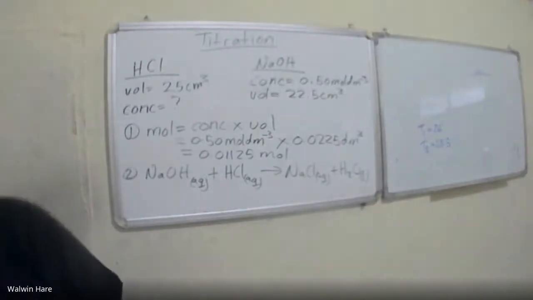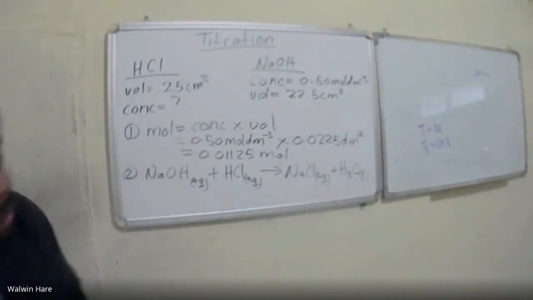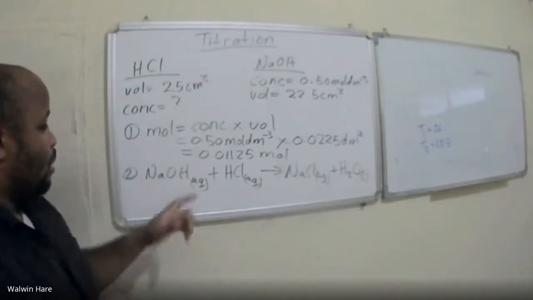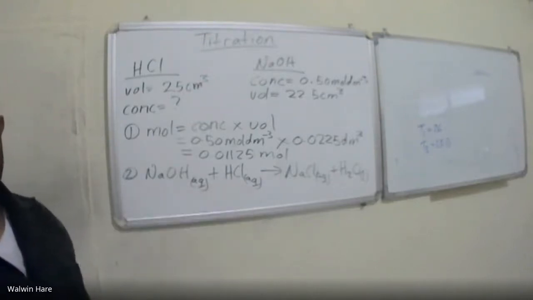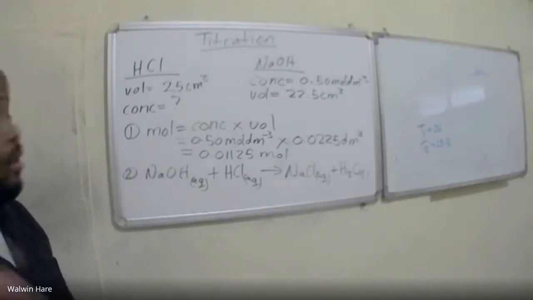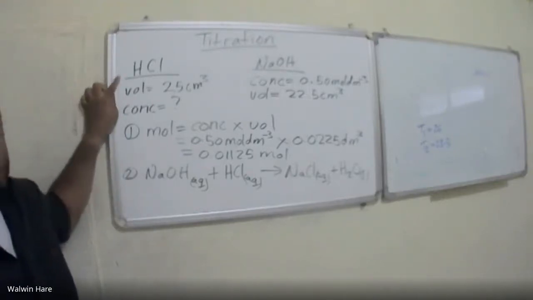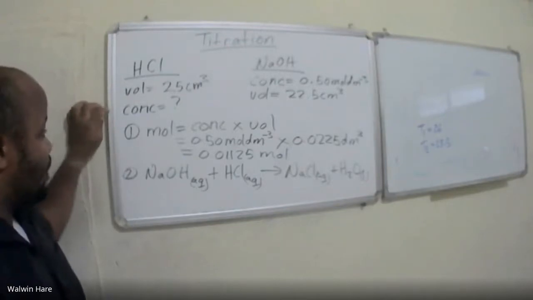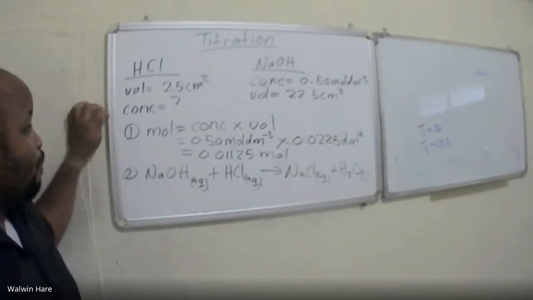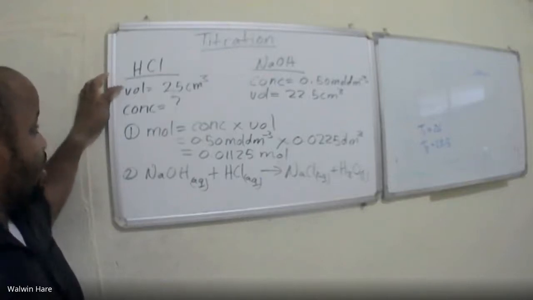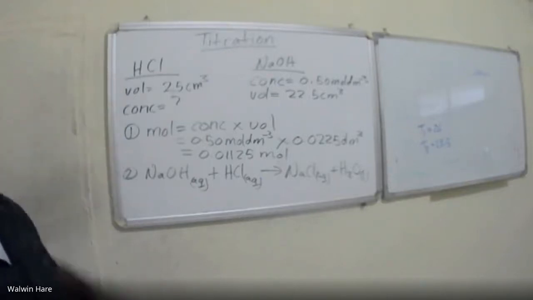Now, the reason for the balanced equation is so that we can get the mole of HCl. So remember, we're trying to find the concentration of HCl. In order to do that, we need the number of moles of HCl because we already have the volume of HCl.